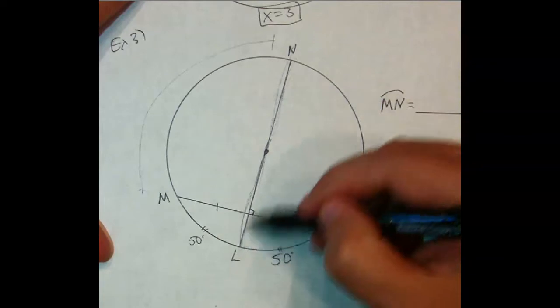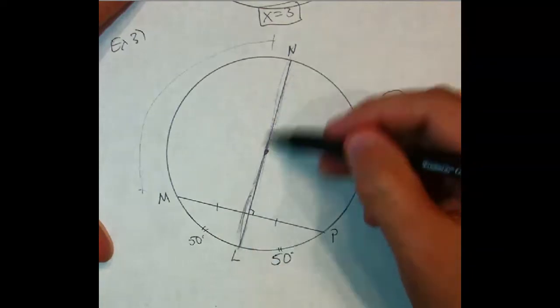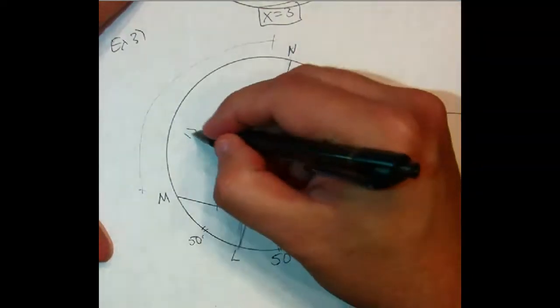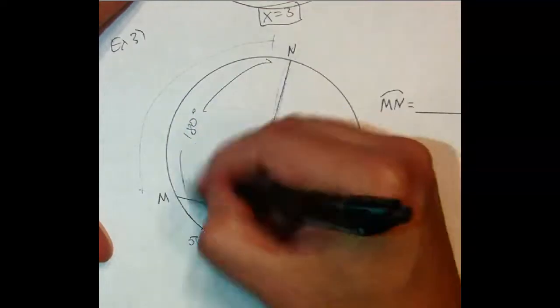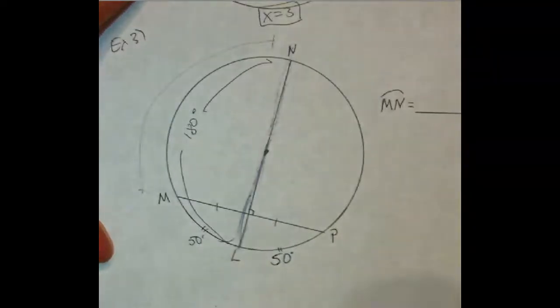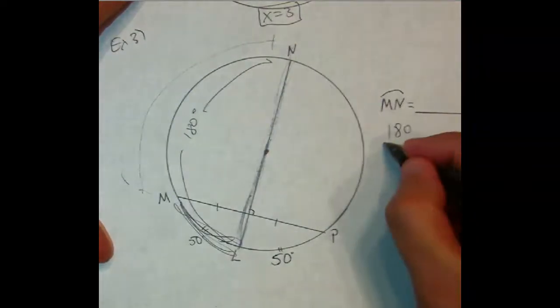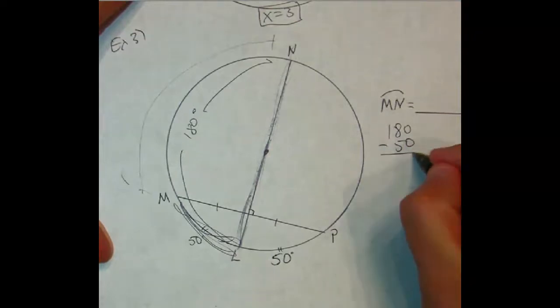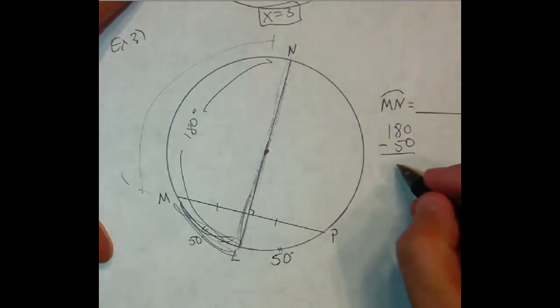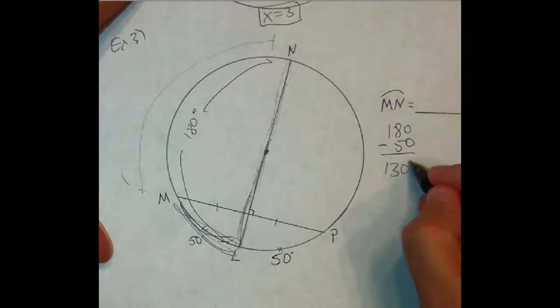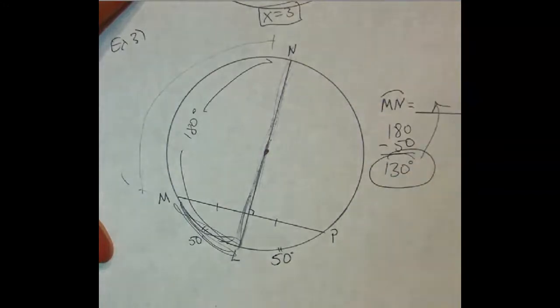Here we have a diameter, which is half of a circle, which is 180 degrees. So since this is 180 and this is 50, to find arc MN, you just simply take 180 minus 50, and that will give you 130 degrees. And that's how easy example number 3 will be.